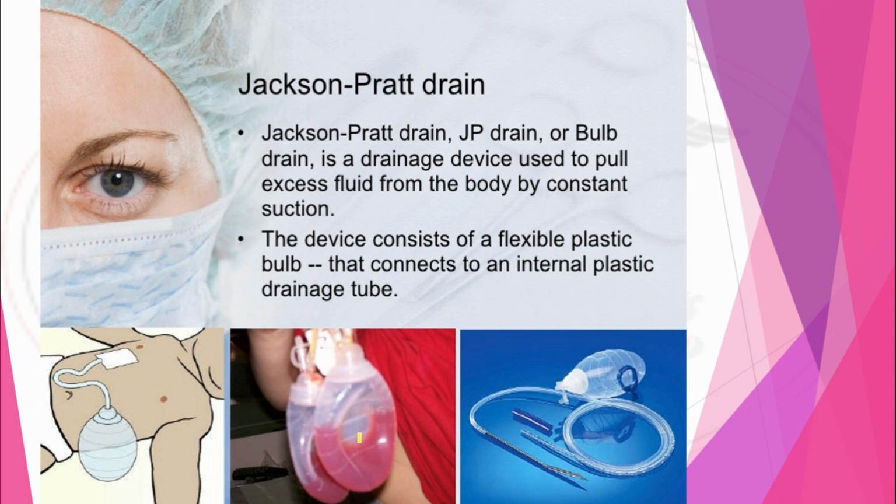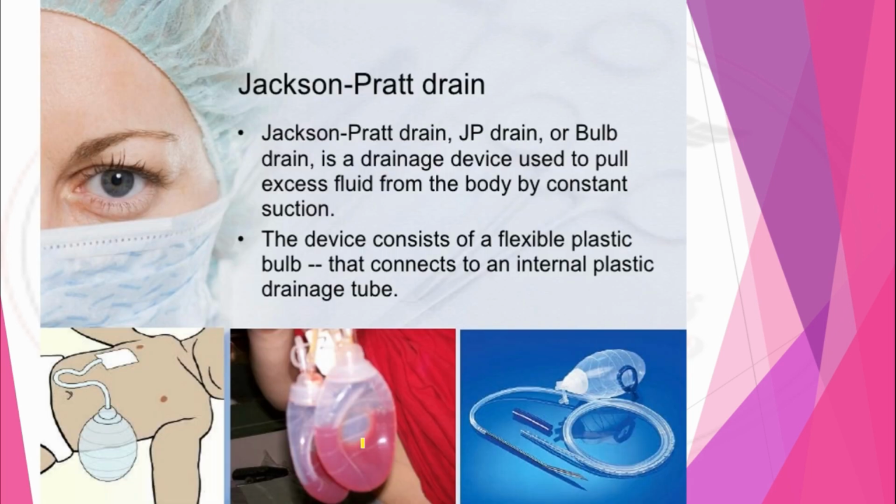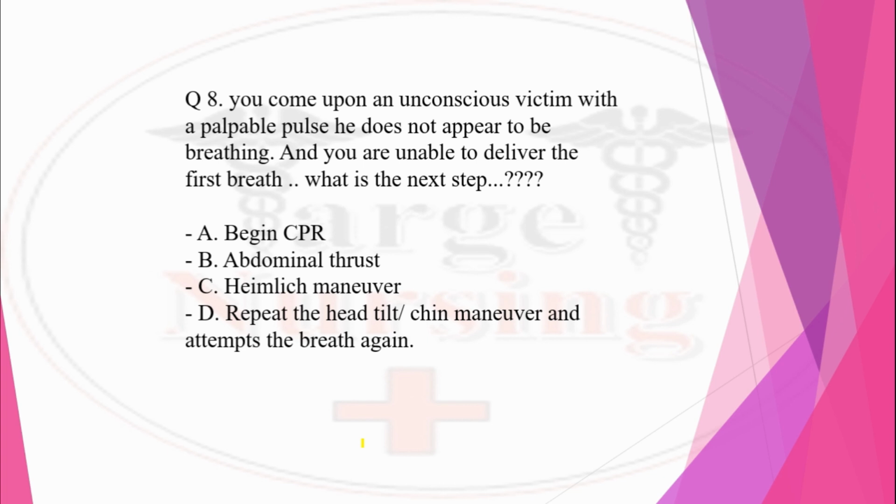So this will help to remove the excess fluid from the body by constant suction. This is the Jackson Pratt drain. Jackson Pratt wound means there is a drain present in that wound. So we have to clean from center outward in a circular motion, and we have seen the Jackson Pratt drain. Now move to the next question, which is the 8th question.